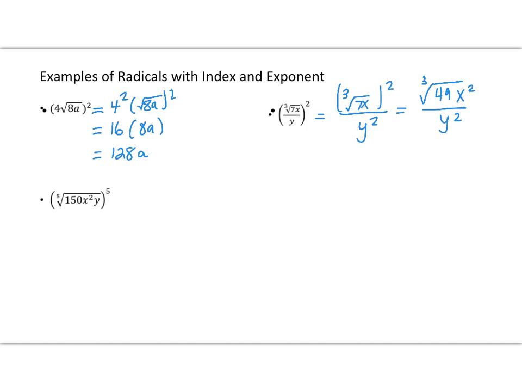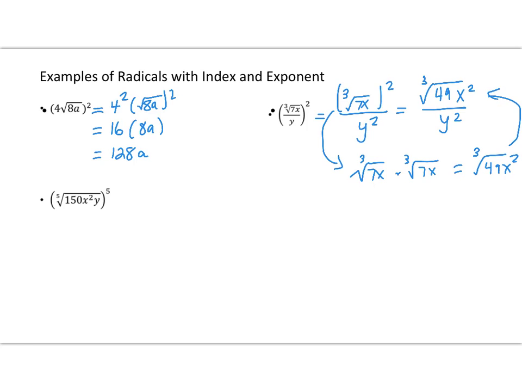The reason this actually works is we can look at it this way. We can have the cube root of 7x times the cube root of 7x. That's the squared term. And you can see I can multiply inside the radicand and just end up with the cube root of 49x squared. And that's why the numerator is that.